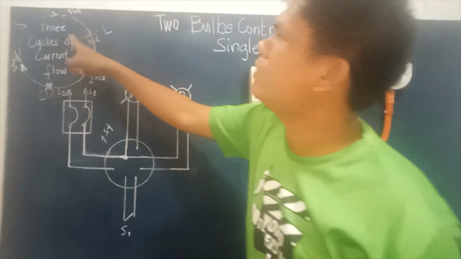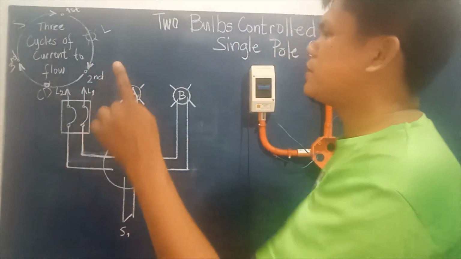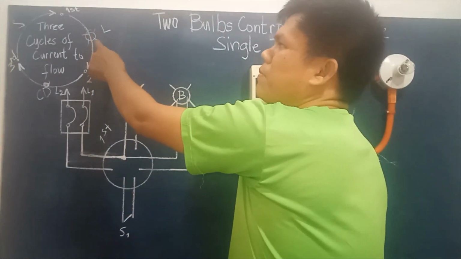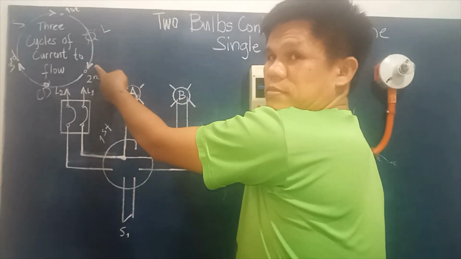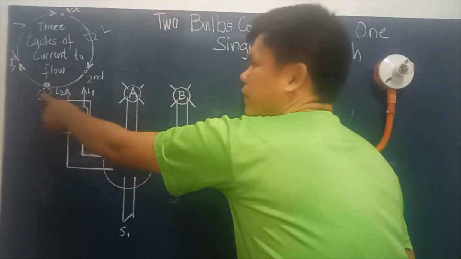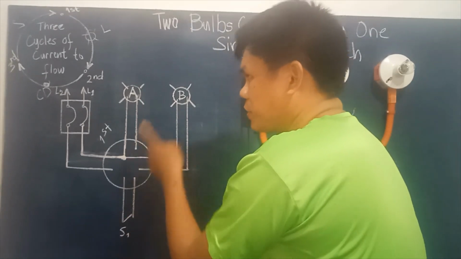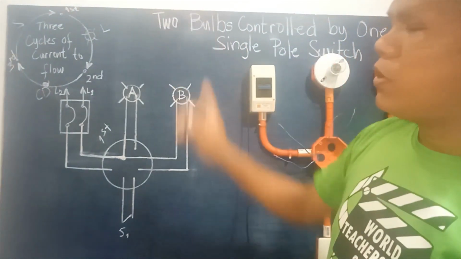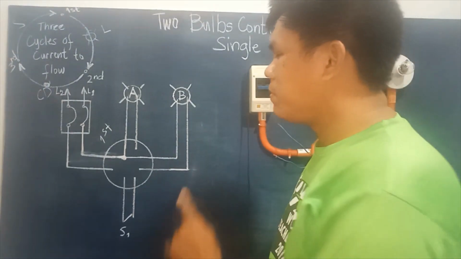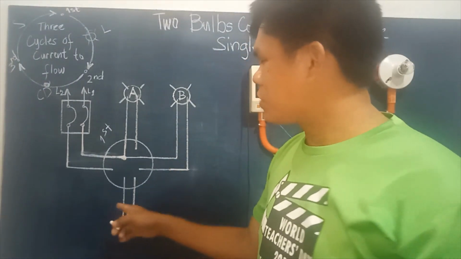Dito yung ating load, doon yung ating source. So meaning to say, in the second cycle, the second terminal coming from the load, dito, is connected to one of the terminal coming from the control device or the switch. So therefore, from the load itself is connected to one of the terminal coming from the control device.